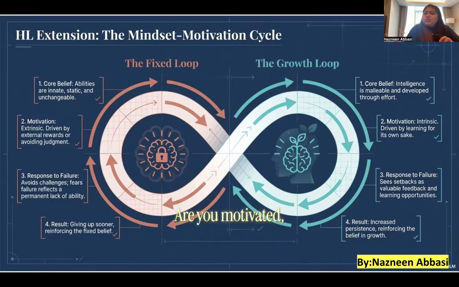Are you motivated, intrinsically or extrinsically? Response to failure, and result? In both scenarios, we are just seeing two sides of a coin. One where someone is ready to change, and the other where there is a problem or difficulty to change. In both ways, they are applying the same principle, but using a different methodology.